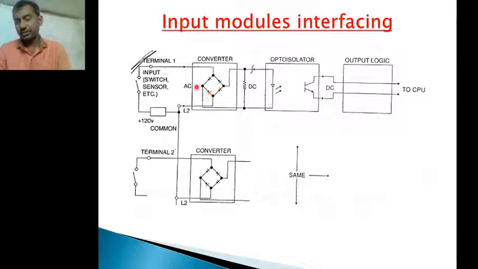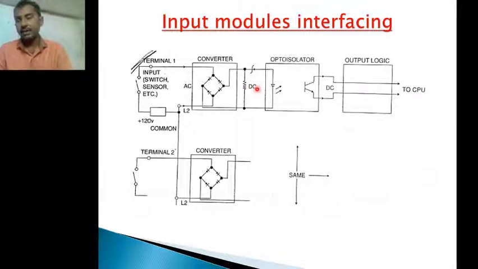In case of AC to DC conversion, we simply provide a rectifier circuit to convert the AC to DC. After generating the DC voltage, it is regulated by a Zener diode. Why? Because a Zener diode acts as a regulator.